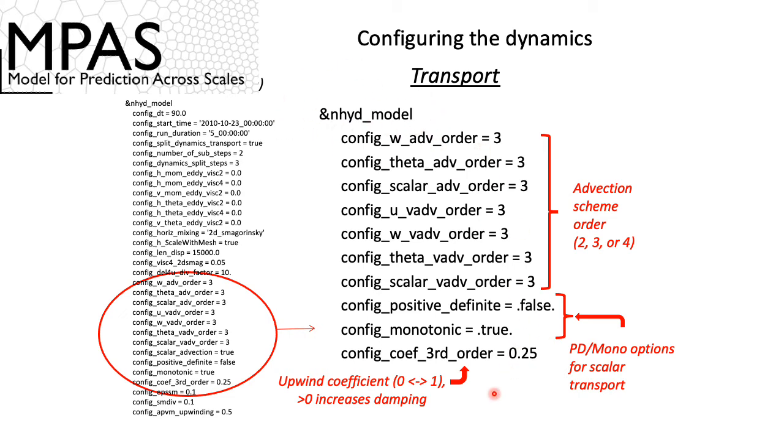You can change these and experiment with them if you wish. The monotonic scheme is also on by default. You can turn that off if you wish. And this is where you'll find them in the default namelist.atmosphere that will be created when you build MPAS. And those will be the values in them.